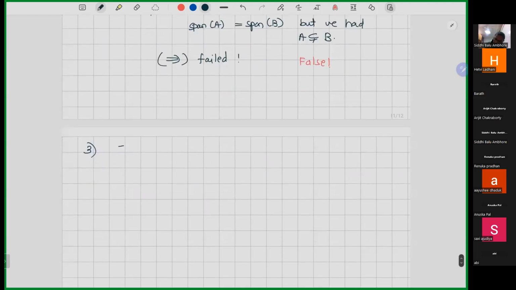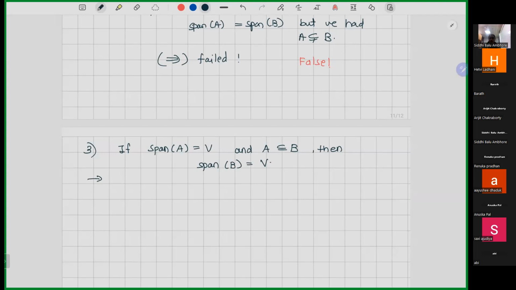Third question: if span of some set A is V and we have a superset B, then we want to check whether span of B is V or not. What is your guess in this case?